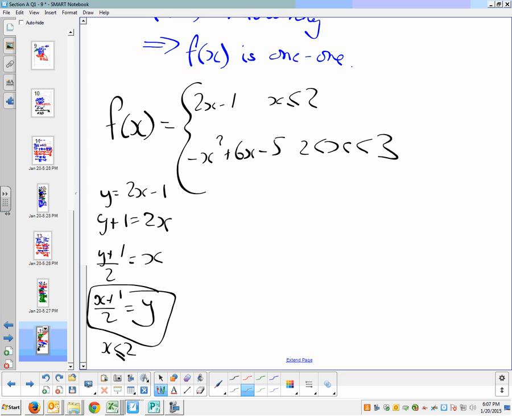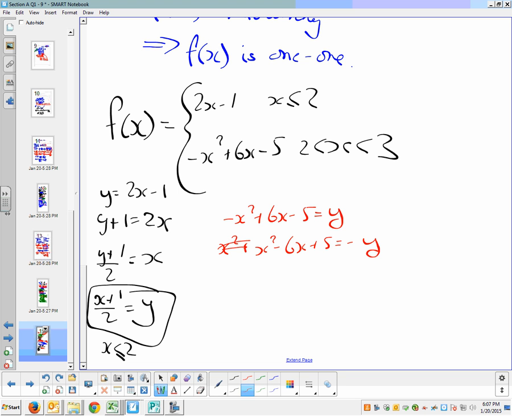Doing the other bit, it's a little bit trickier. Minus x squared plus 6x minus 5 equals y. Rearranging that by completing the square, we write x squared minus 6x plus 5 equals minus y.